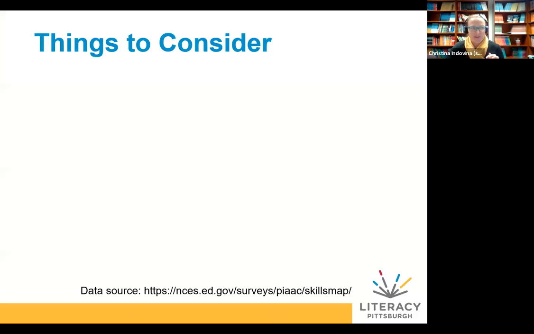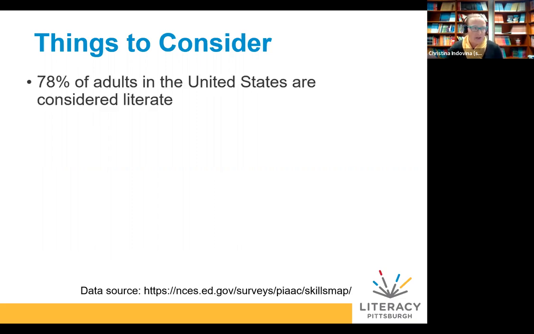Before we dive in, I wanted to give some general information, because I always consider reading to be a bit of a puzzle when I'm working with a student, so I like to keep background information in front of me. I'm sure you've seen these numbers. 78% of adults in the United States are considered literate.